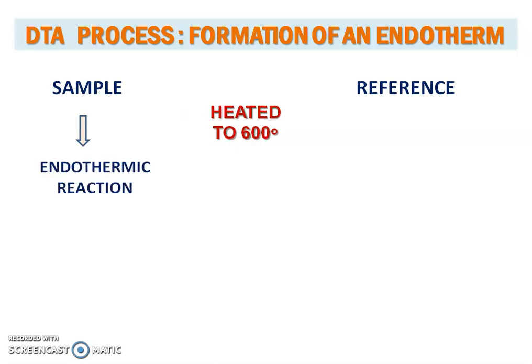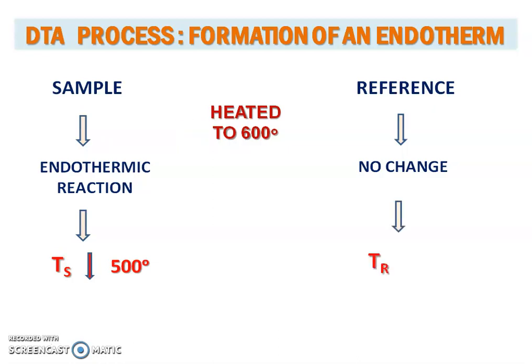Now remember from our previous discussion, an endothermic reaction will cause a decrease in the sample temperature. So although the furnace temperature is 600 degrees, the sample temperature is 500 degrees, which is 100 degrees lower than the set temperature. But what about the reference? The reference, being an inert material, will not undergo any kind of reaction, neither endothermic nor exothermic, and so the reference temperature TR will still be 600 degrees.